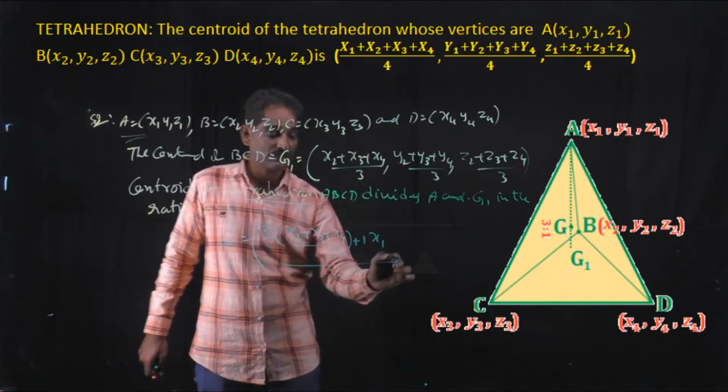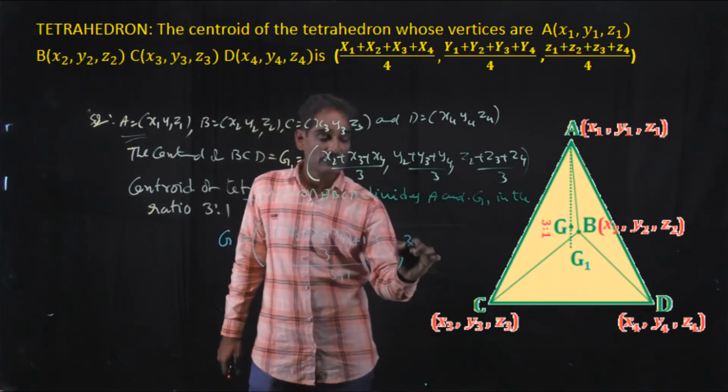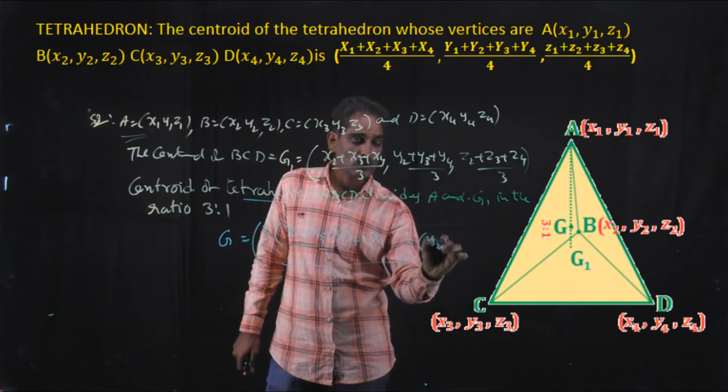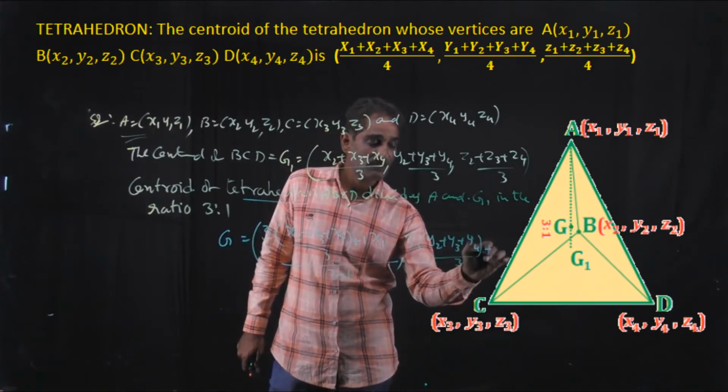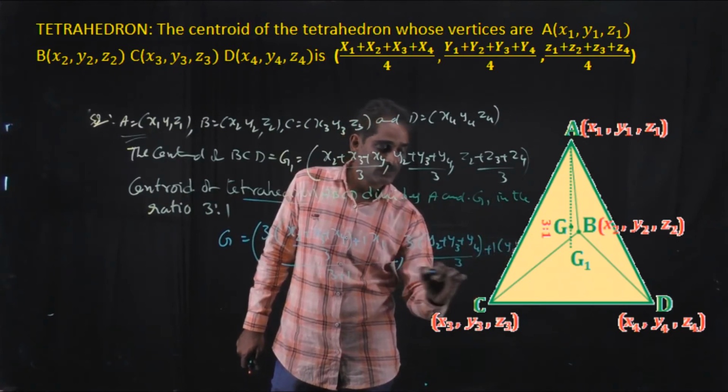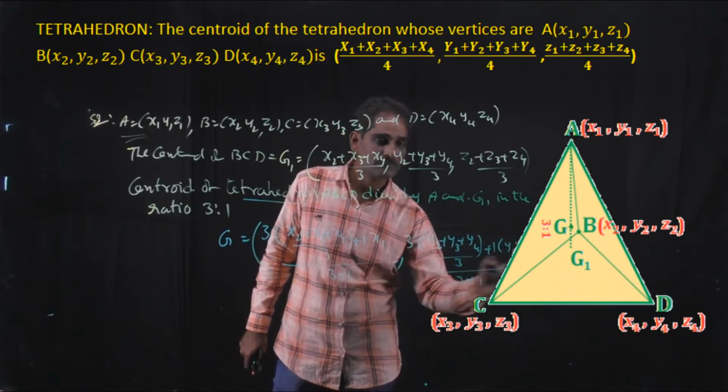Next, the y coordinate is 3 into (y2 + y3 + y4)/3 plus 1 into y1, whole divided by 3 plus 1.